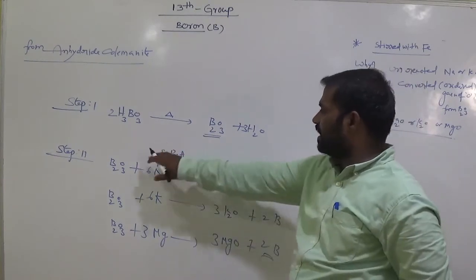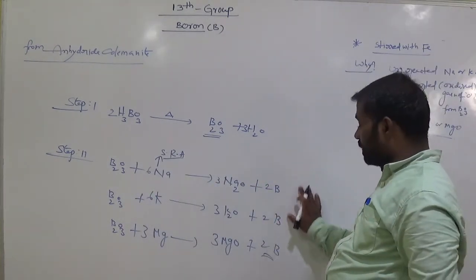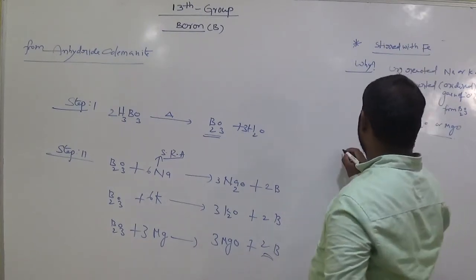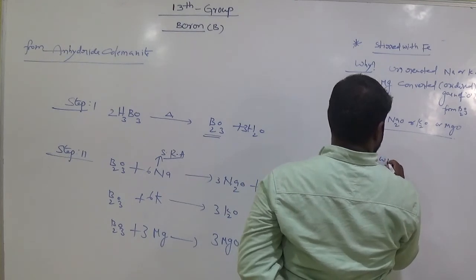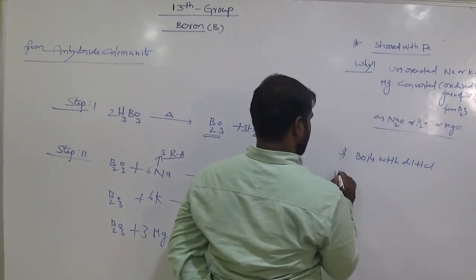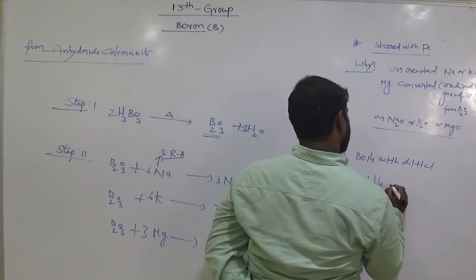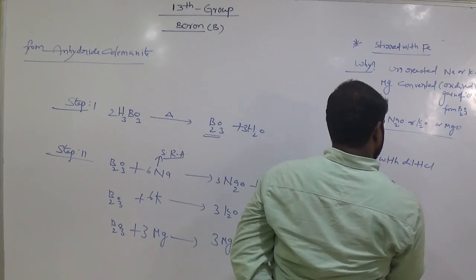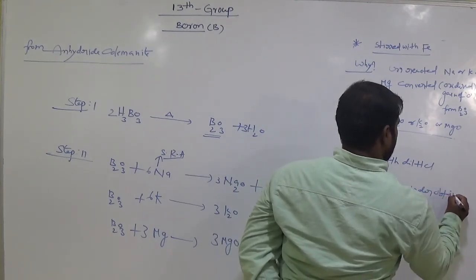If the sodium is completely converted to sodium oxide, then only we get completely purified boron. Then after boiling with dilute HCl, what do we get? Insoluble boron powder is obtained.